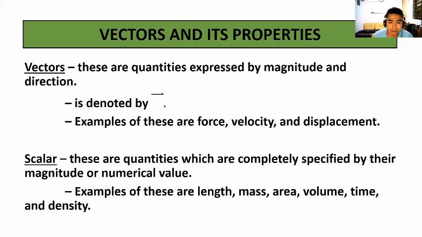Examples of these are length, mass, area, volume, time, and density. Okay? So, tandaan lang natin kapag vectors, expressed by magnitude and direction. Kapag scalar, magnitude lang. Okay? Walang direction.